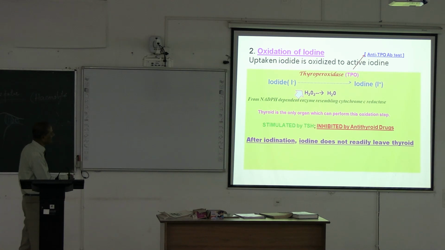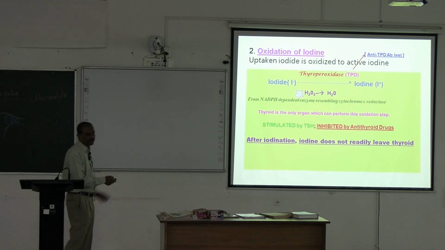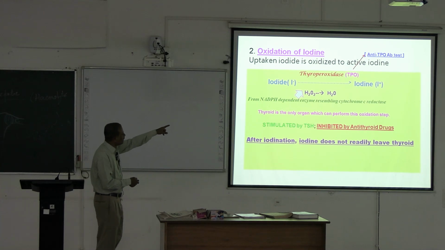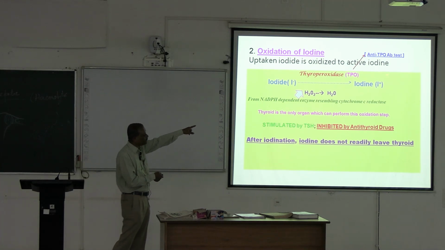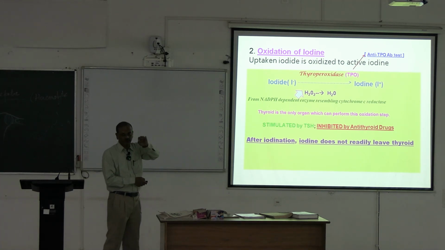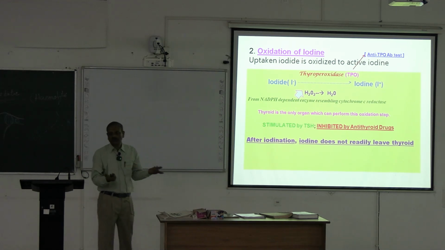So, oxidation of iodine. Iodide is oxidized by thyroperoxidase enzyme to iodine. Now, if there is an antibody, anti-TPO antibody, which is commonly done and you will be prescribing also, then that thyroid peroxidase enzyme will not act.